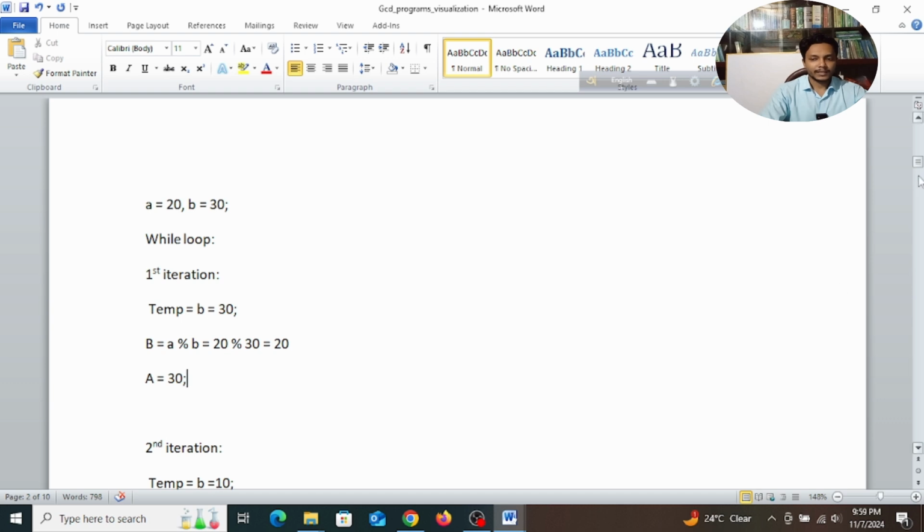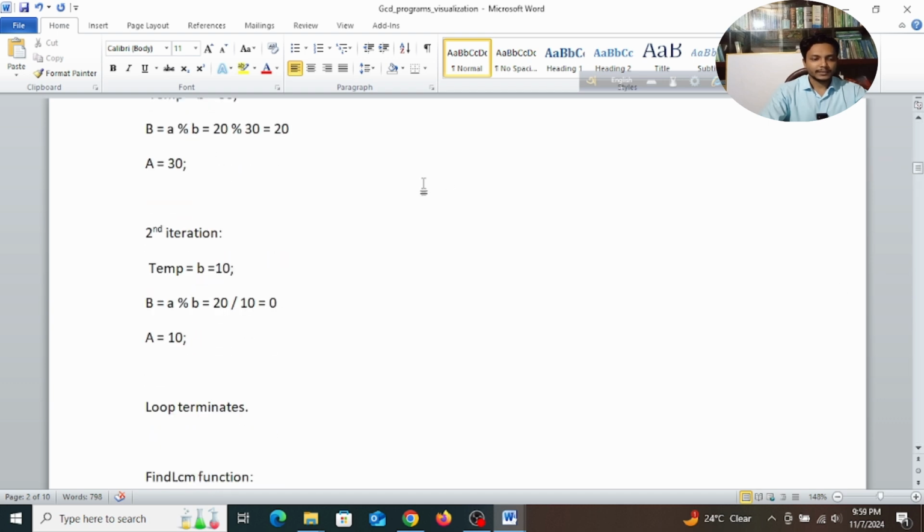In the second iteration, b is equal to 20, and b equals a modulus b. Now a is 30, so 30 is divided by 20, and 10 will be the remainder, guys.